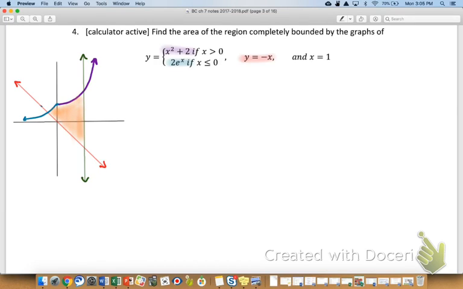As you started to consider setting this up, do you think it would be wise to use dx rectangles or dy rectangles? Dx would be the vertical ones, dy would be the horizontal ones. You say dx? Why would you say dx?